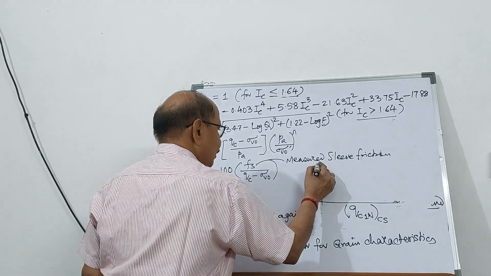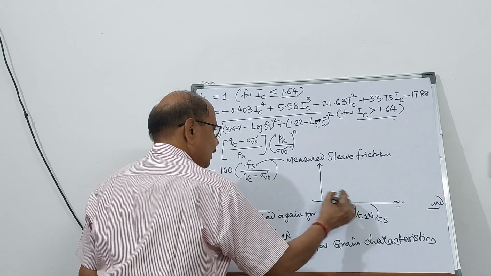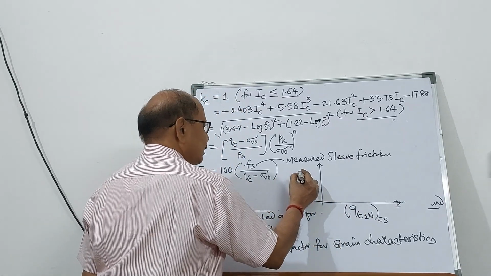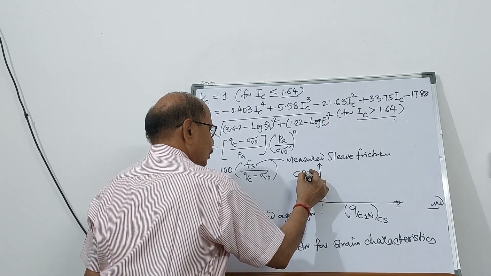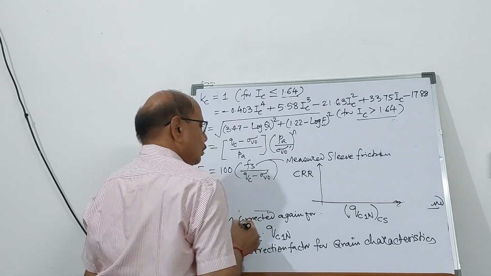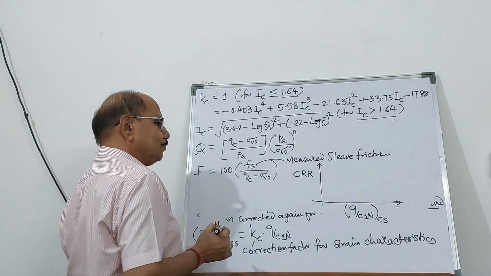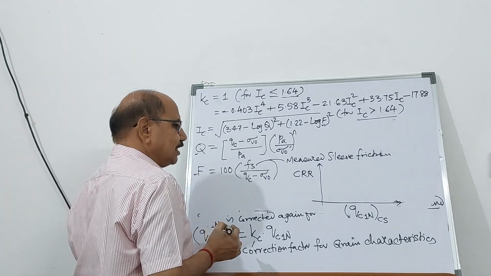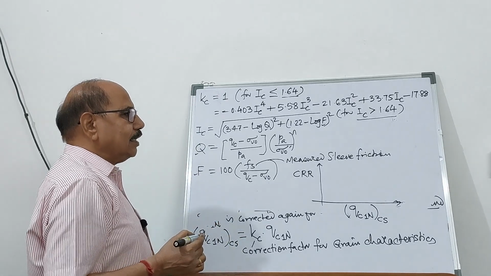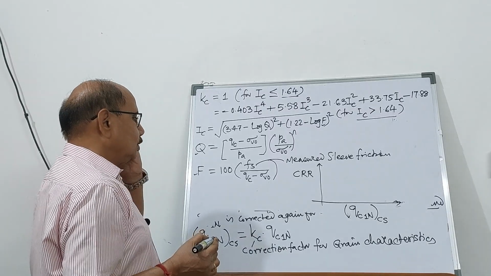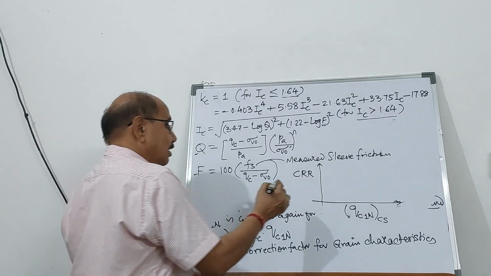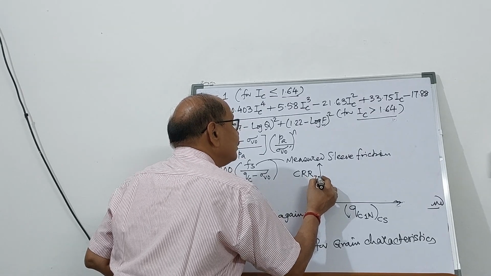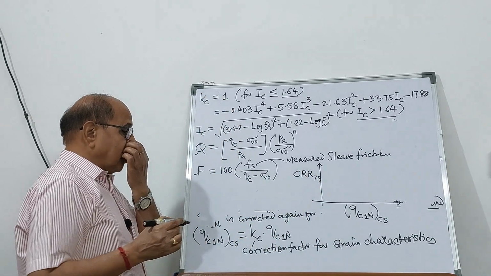And here on the y-axis, it is given in the chart the value of cyclic resistance, CRR we call it, for 7.5 magnitude of the earthquake.